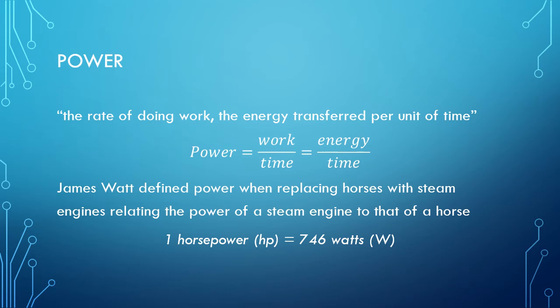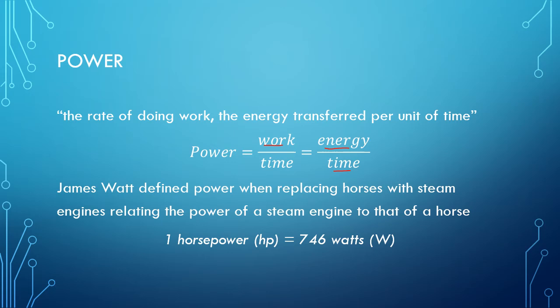Now let's look at power. Power is the rate of doing work, the energy transferred. So when we calculate power, we're going to be taking work and dividing it by the time it took to do that work. And since work is a form of energy, we are basically taking how much energy was expended, and over what period of time that energy was expended.